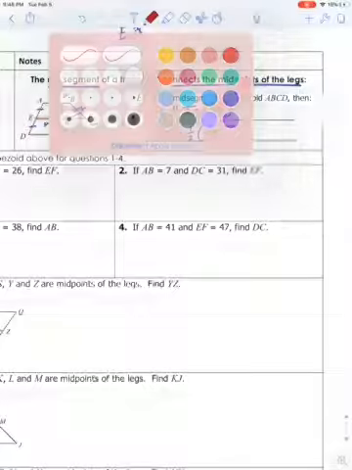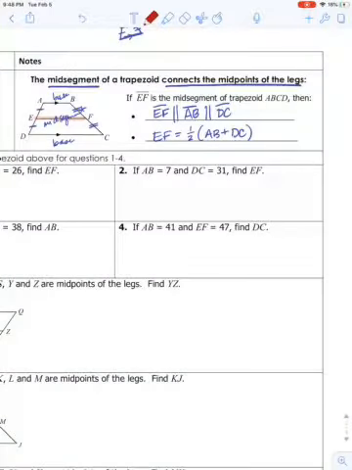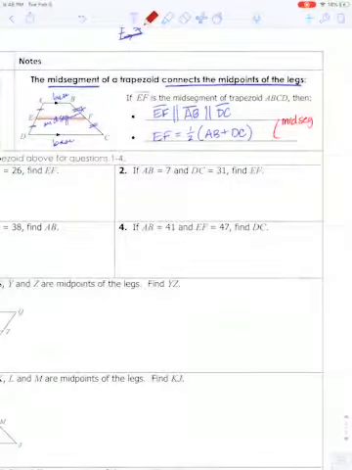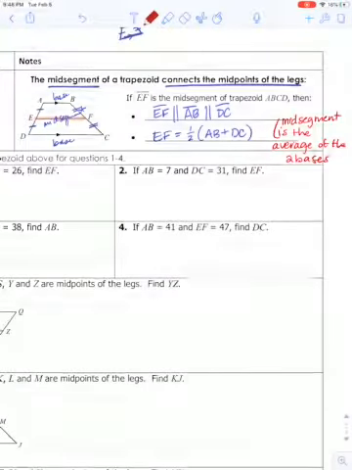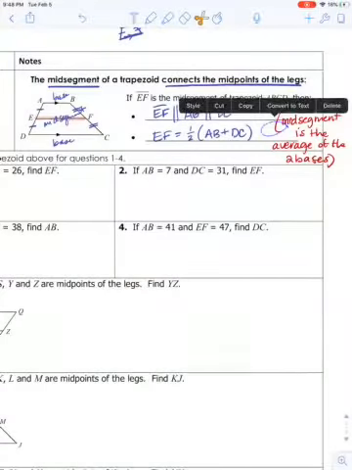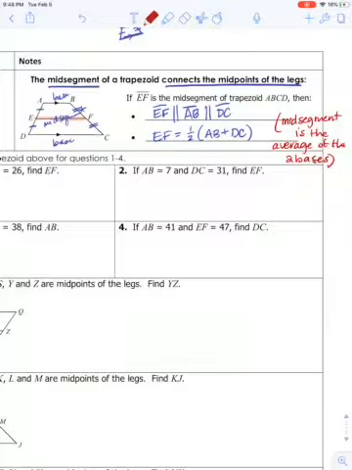I'm going to put in parentheses: the mid-segment is the average of the two bases. If you remember, average is adding and then dividing by however many there are.